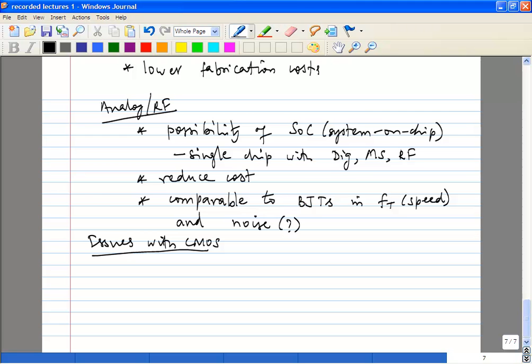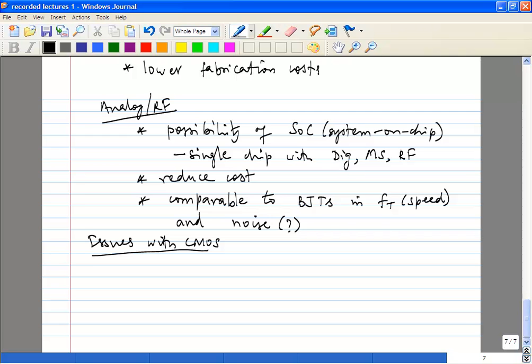We'll just put a question mark there just to see. It'll require a little bit more investigation. So if you see 20 years ago, CMOS was considered to be very slow, very noisy, but nowadays the first choice of anybody who's going to design analog ICs is CMOS.